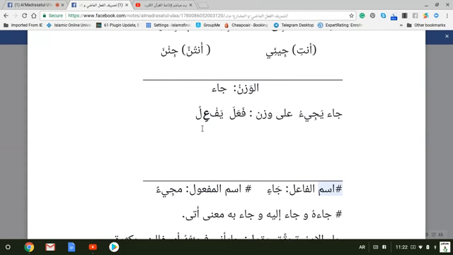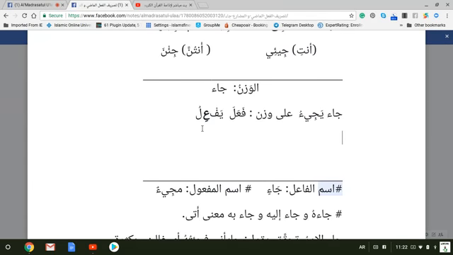Later on, we're going to see, from the mujarrad, you have the mazid, increasing the letters, like when the verb has a shadda on it or has an additional letter on it. Instead of three letters, something is added to the roots of the verb.